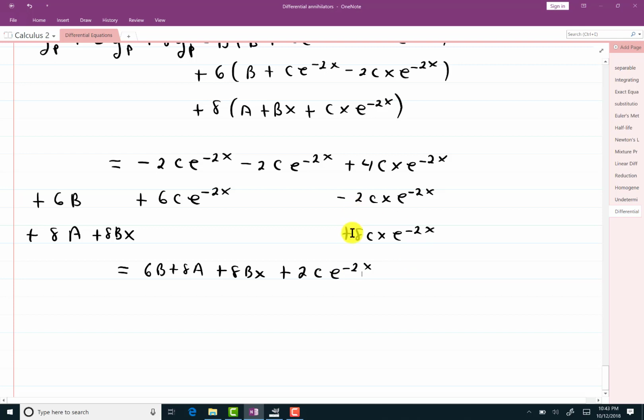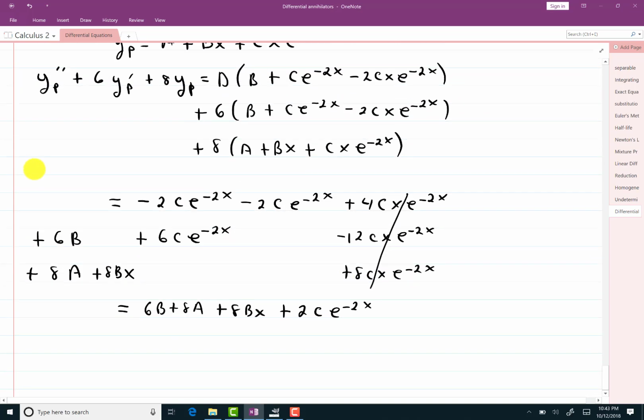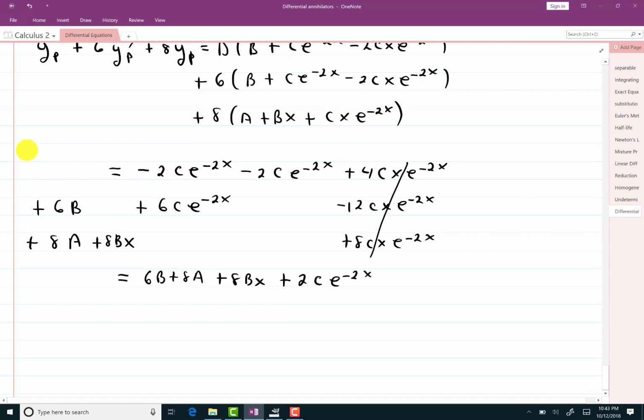And then as far as these pieces are concerned, I have to be careful though. Do you see this 6 right here? I didn't multiply it through. That should be a -12, which is nice because 4 plus 8 minus 12 all cancel each other out. So those go away. Now, what I'm supposed to be left with then was 3e to the negative 2x.